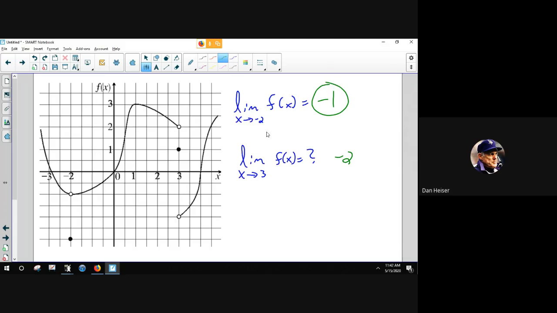But hold on, over here, if I go from the left side, follow the path, I'm getting closer to 3, y is getting closer to 2. So we're approaching 2 things.